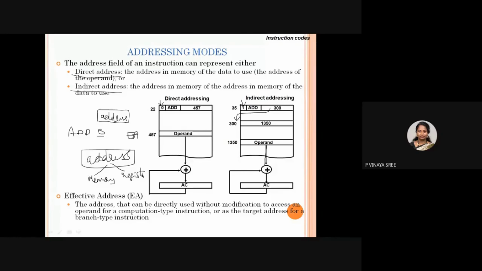Let us suppose you want to perform a plus b. The operands can be residing either in a memory, or they may even be present inside registers. So this address indicates whether it is direct or indirect.